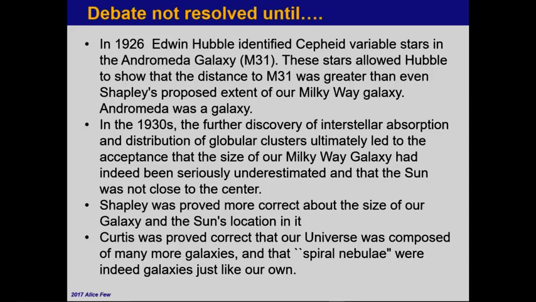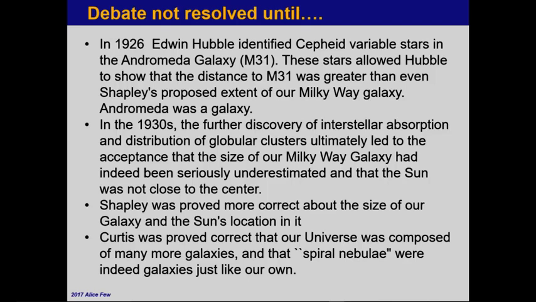The other thing that happened shortly after that is figuring out interstellar absorption, that all of this material in space does change the way that we see light. Also, how globular clusters are distributed and how they orbit within the Milky Way galaxy all helped better define the size of our galaxy.